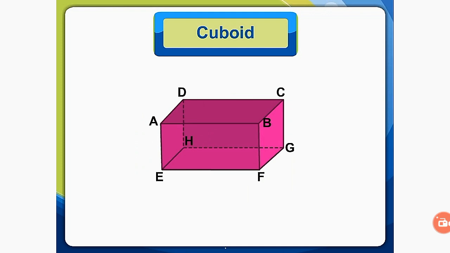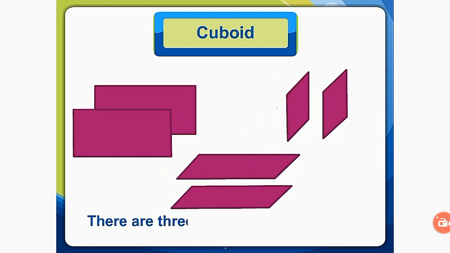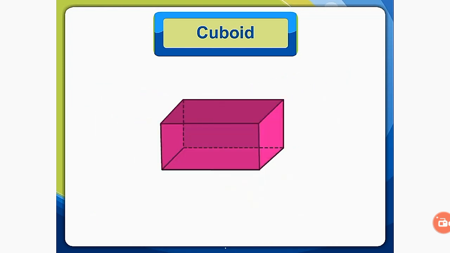Now first let us calculate the lateral surface area of this cuboid. In a cuboid, there are three pairs of identical faces, as we have seen in the solid shapes video. Front and back are identical, the two side faces are identical, and top and bottom are identical.